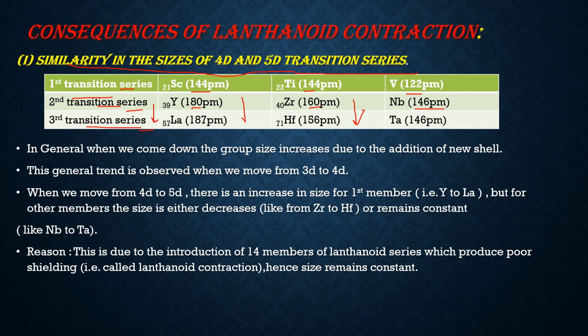You can see that the atomic number of lanthanum is 57 and the atomic number of hafnium is 71. So there are 14 elements in between, that is the 4f series. Due to the improper shielding of these 4f elements, the size is less in hafnium, and hence there is decrease in size instead of increase.